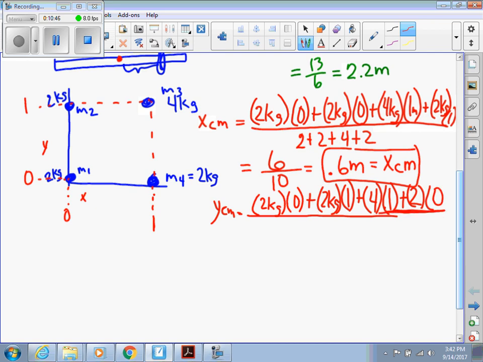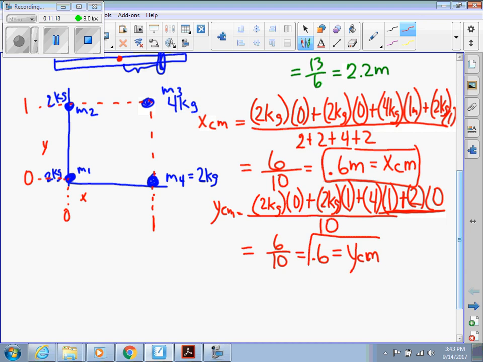If we add up all the masses like we did before, 2 plus 2 plus 4 plus 2, we get a total of 10. On top we have 0 plus 2 plus 4 plus 0. So we have 6 over 10 again, or 0.6 equals our center of mass on the y-axis.